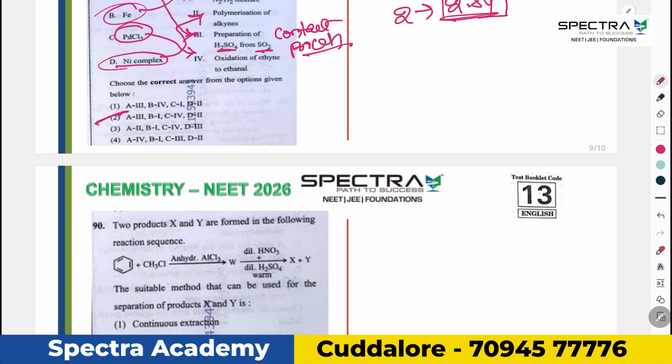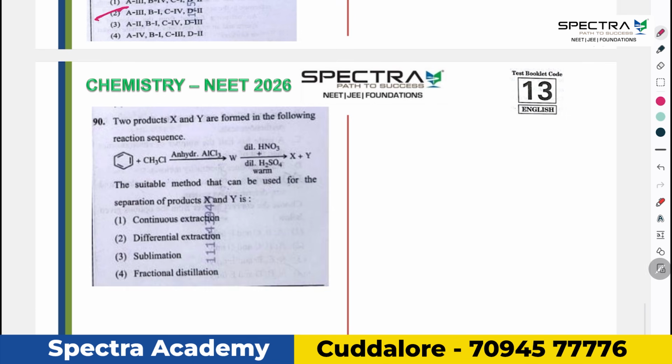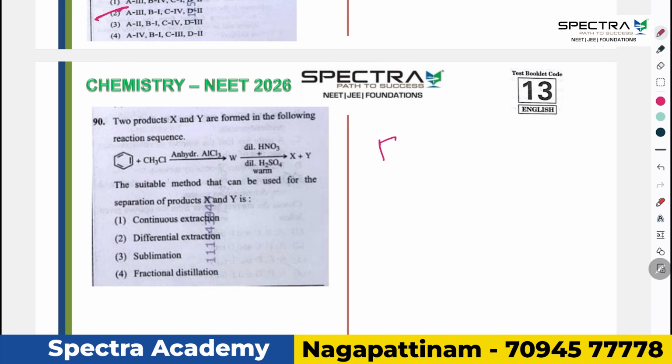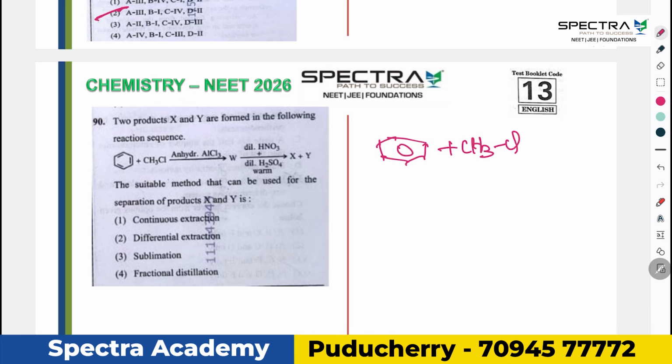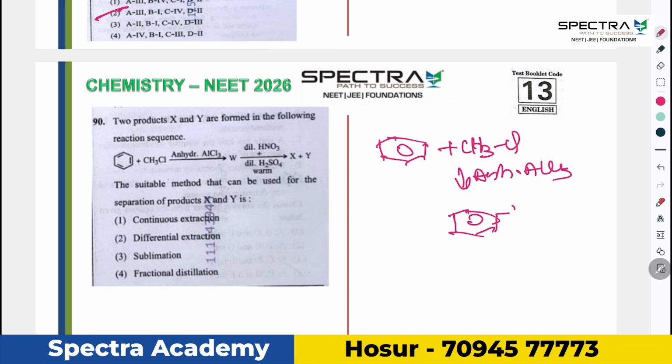Two products X and Y are formed in the following reaction sequence. Benzene reacts with CH3Cl in the presence of anhydrous AlCl3, that gives toluene.